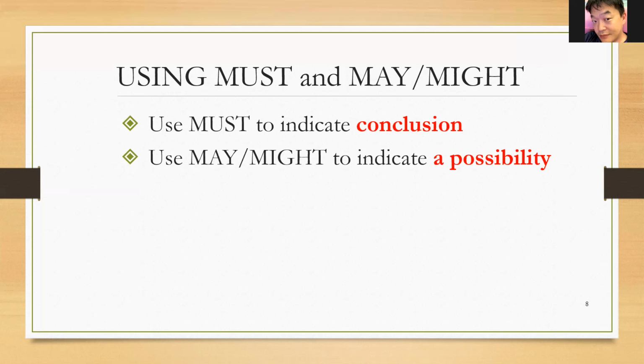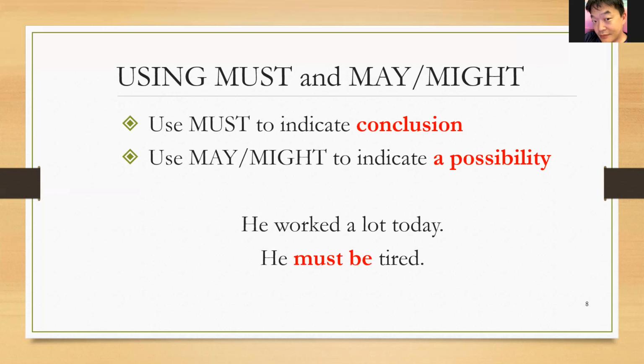Let's talk about a situation here. He worked a lot today. So what's the conclusion? What's the result? What is the fact that you are almost 100% sure about? He must be tired. He must be tired. And pay attention here. Look at the construction: I'm using the helper verb must, and also the verb here.